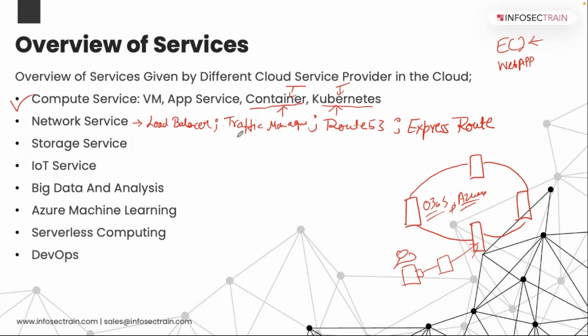So we have some different network services. Then come the different storage services. Two things are there: object storage and disk storage.